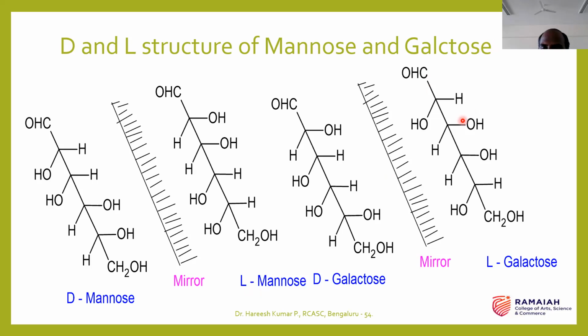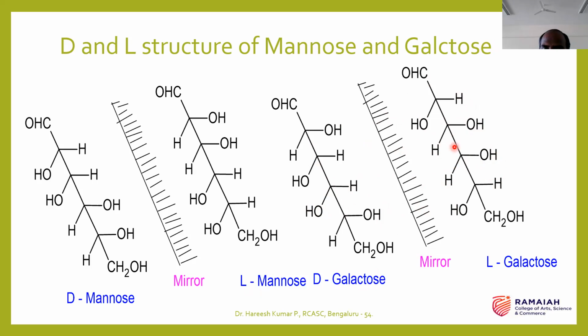So for galactose, you have to write the structure, and the structure is this. This is glucose, but at the fourth carbon atom, instead of OH on the right hand side, it will be on the left hand side. Then this moiety is called galactose, and the mirror image of this one is OH, OH.